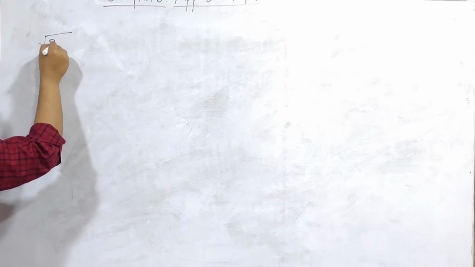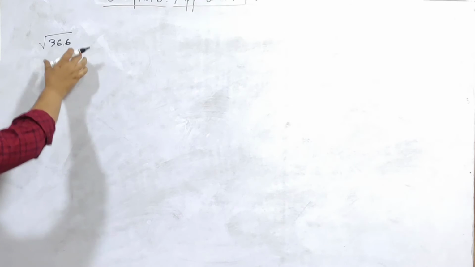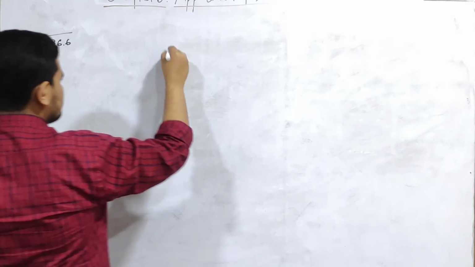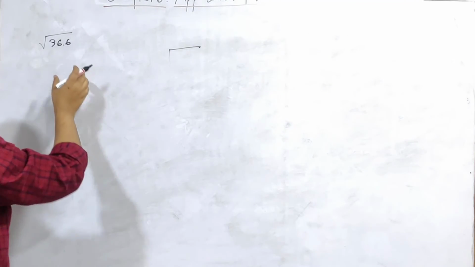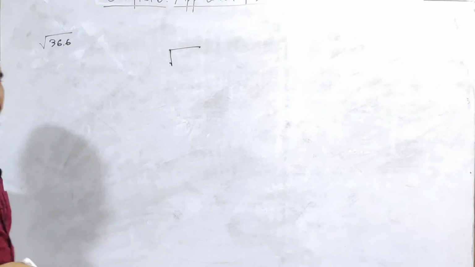I have already told you in a previous video how to find the value of root 36.6. Some of you will tell me, sir, I will use a calculator and find the value. Some will also tell me, sir, I can find the square root by the long method, how to find the square root of any number.